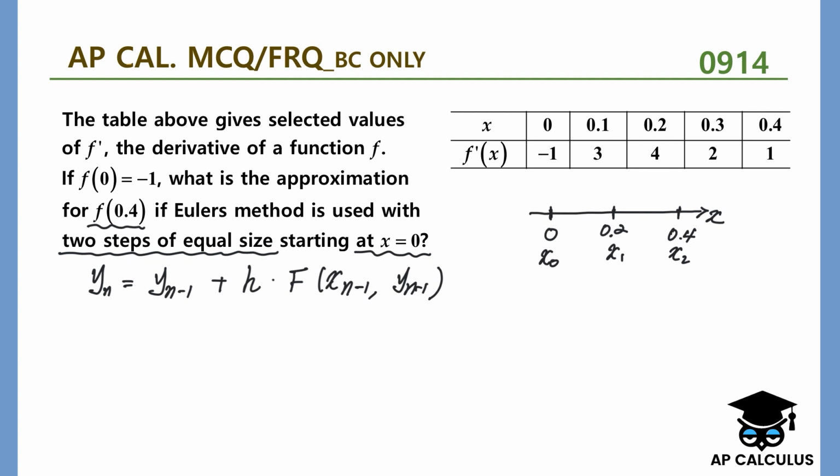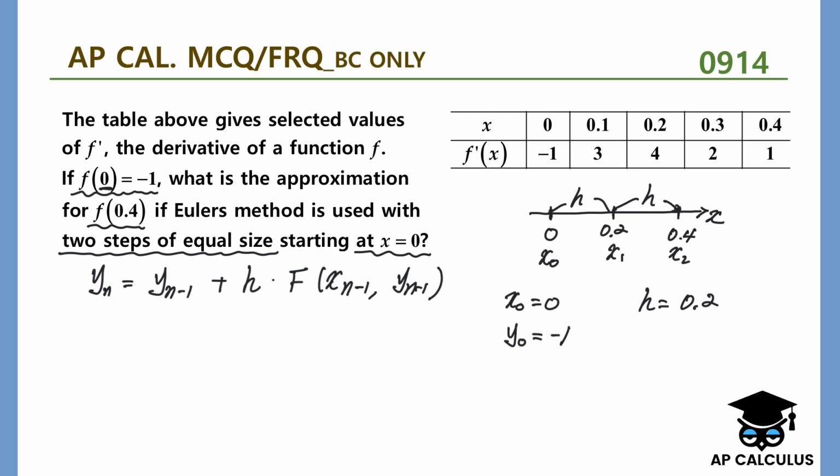Here, when x0 is equal to 0, y0 is equal to negative 1, it's given. We are starting at this point right here, and our step size h is equal to, what is it? h is x1 minus x0, or we can say x2 minus x1. That's 0.2, right?